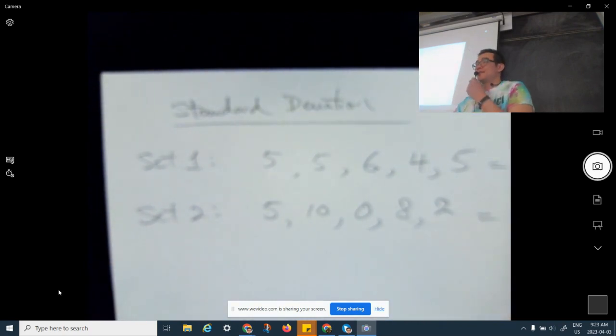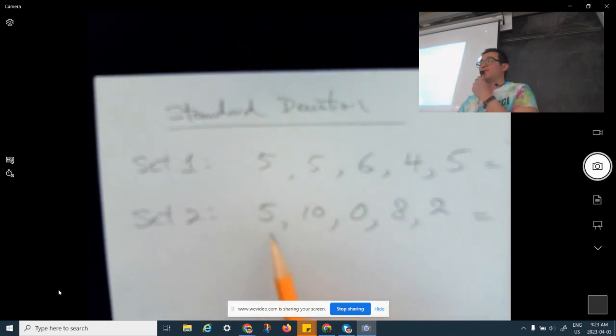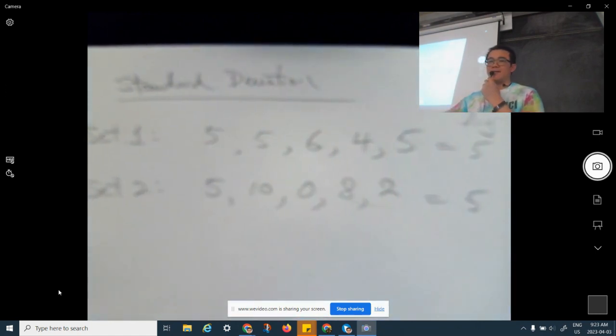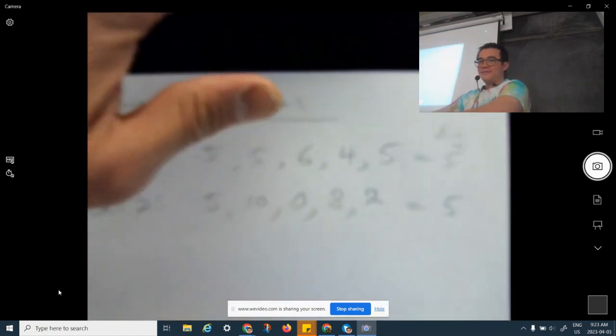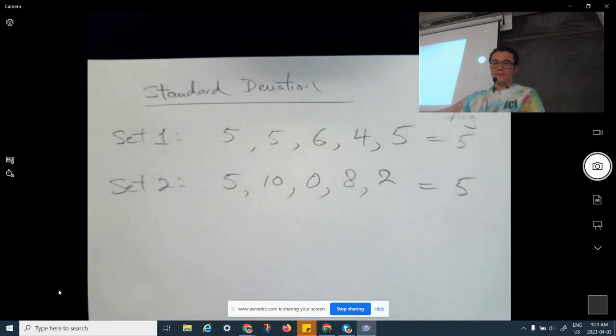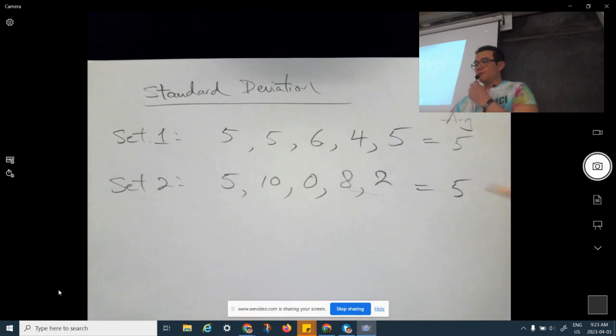Does it make sense? 10, 20, 25 divided by 5, 5. Okay? So these two sets of numbers, they both have averages of 5.